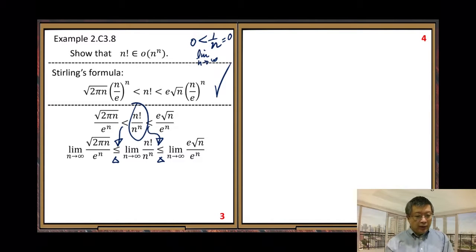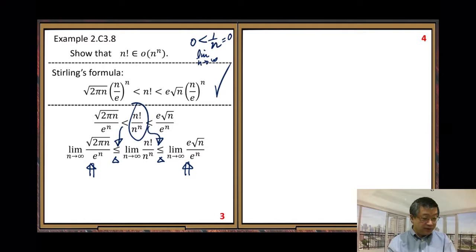Next, let us calculate the left-hand side limit and the right-hand side limit. We can use our existing result, since we calculated a similar result before.